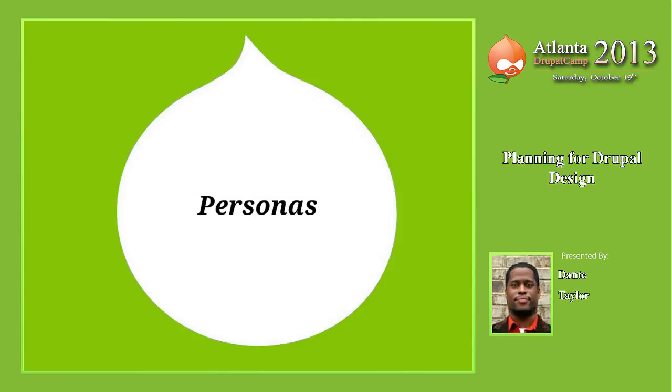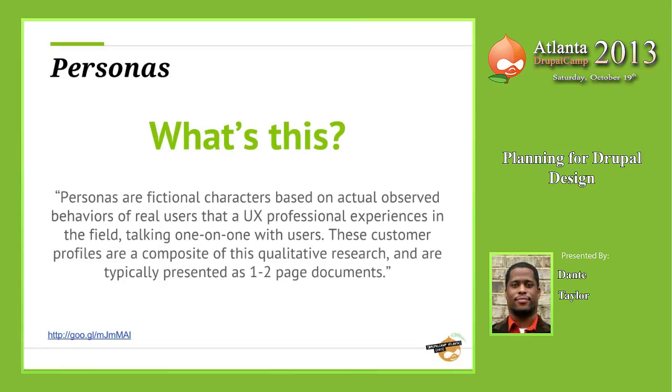Using personas. This is a very important part of developing a strategy for having great design. Personas are very much like the four that I talked about at the beginning of the session. The dolphins, the whales, the sharks. It's talking to your clients.